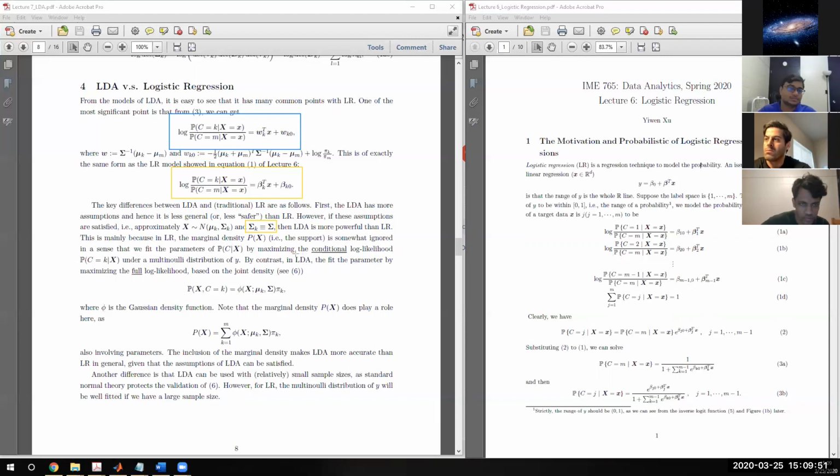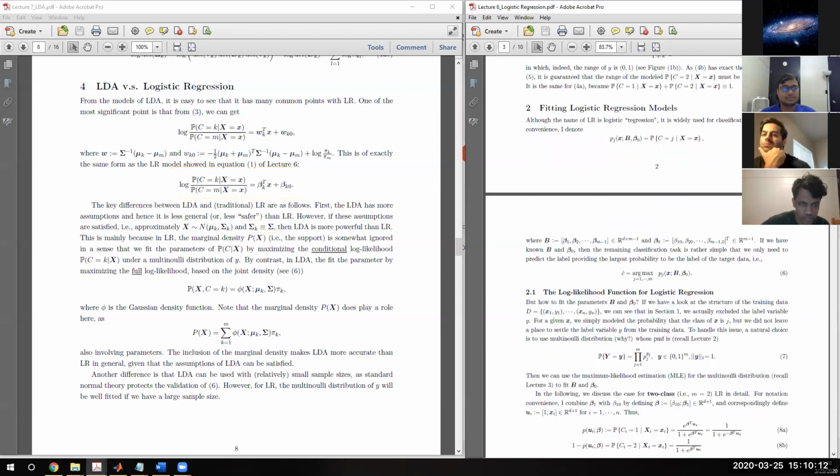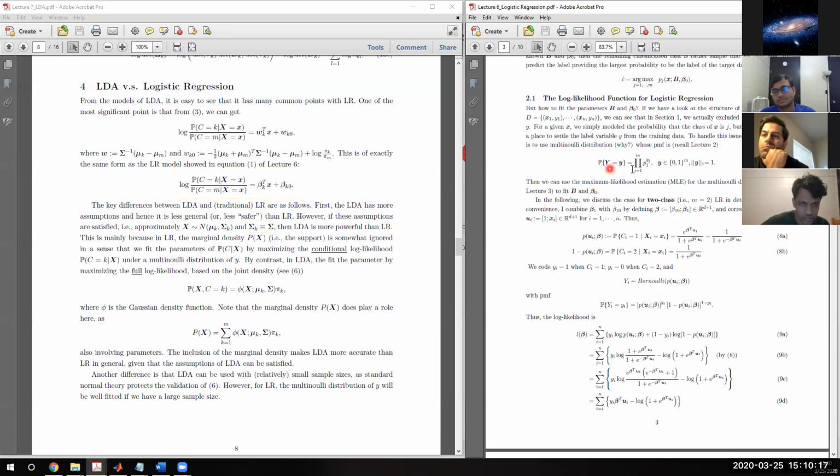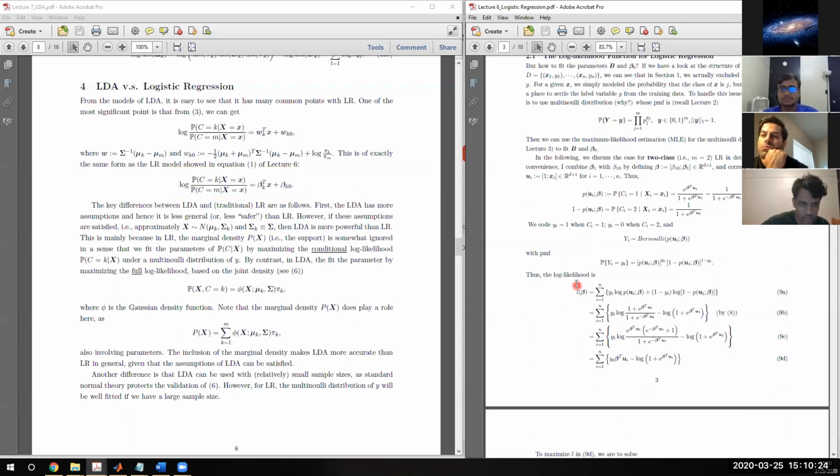This makes logistic regression more general. However, if these assumptions are satisfied, the LDA is actually more powerful. Why? The main reason is that in logistic regression, the modeling is point-to-point information, and then we maximize the log likelihood.